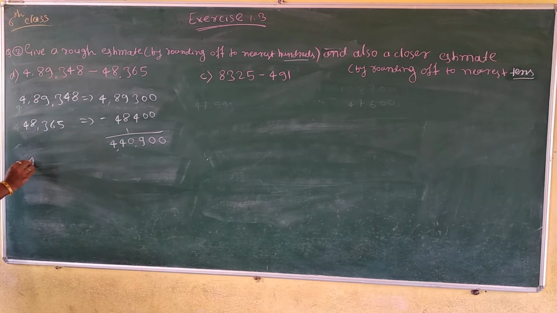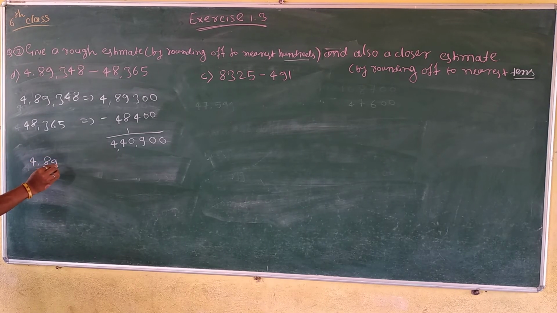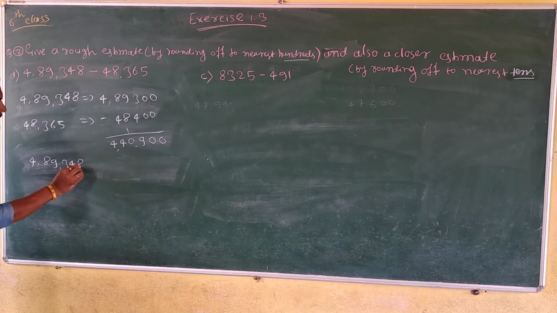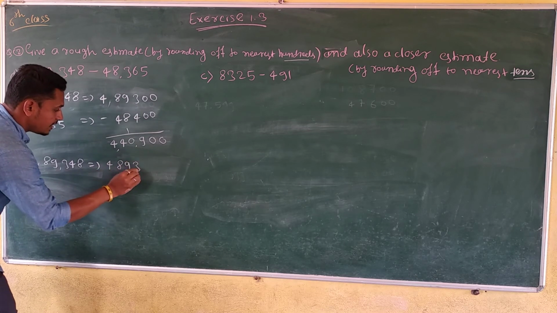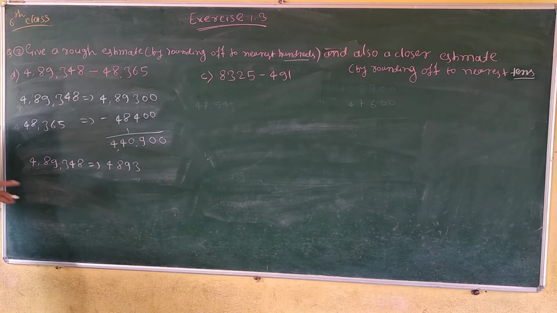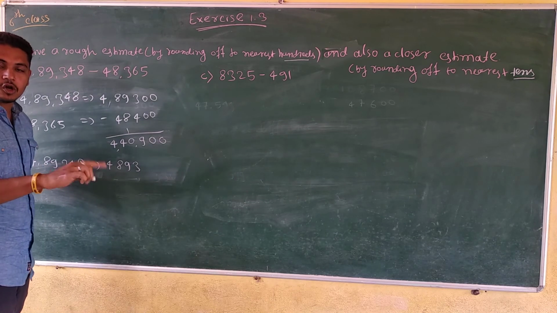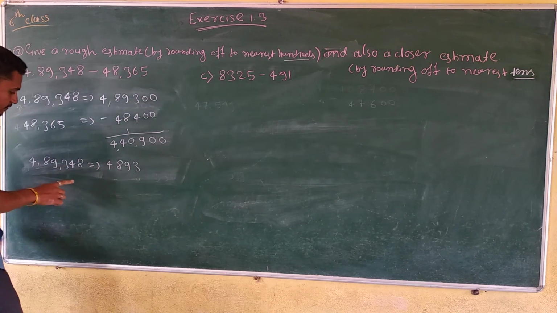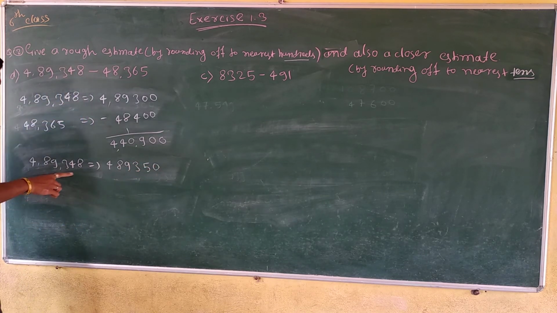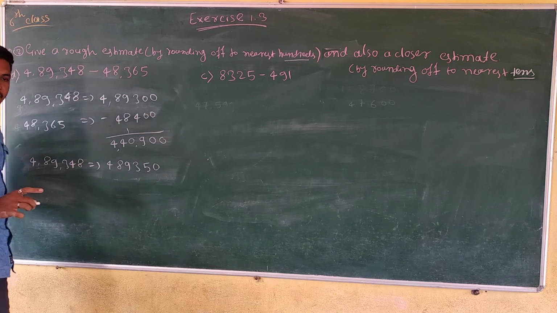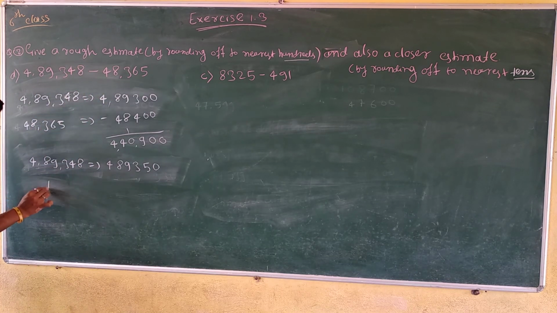See here, 4,89,348 is rounded up, so 4, 8, 9 and 3: till the hundreds place you write as it is. 8 is nearest to 10, so the tens place changes to the next, which is 0. 48 rounds up to 50. Next, 48,365 is rounded up to.